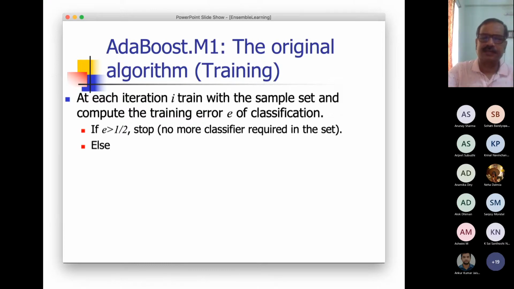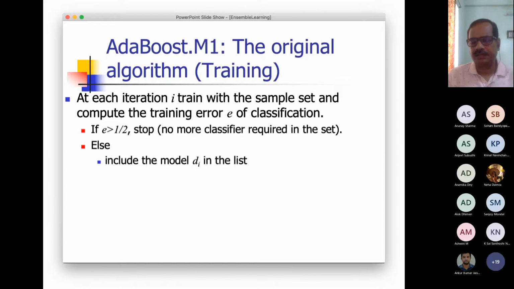Otherwise, if your classifier is marginally better than the random guess, as I mentioned, with error less than half, it may be marginal, it may also be strong. It does not put any restriction there. So that model is included in the list. But now we have to find out a weight for this model.